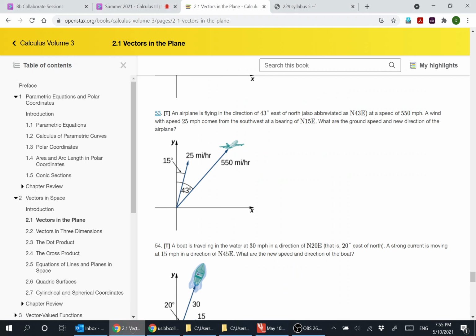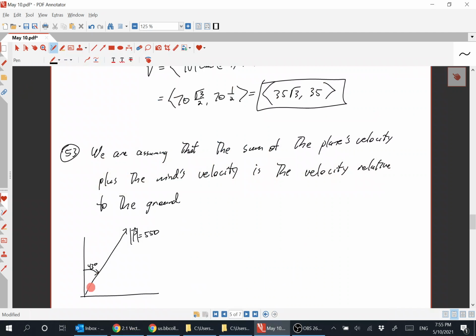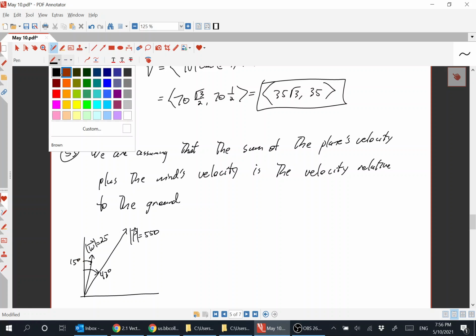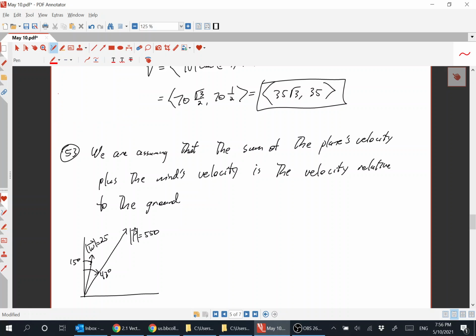It was 25 miles an hour, and its angle of declination there was 15. So we need to know what the angles are. In order to use that sine and cosine business, you need to know what these angles are.